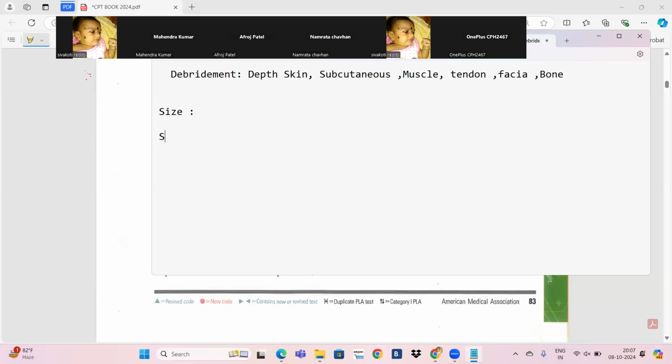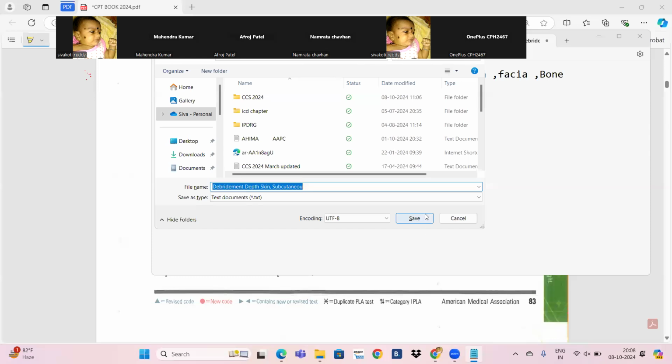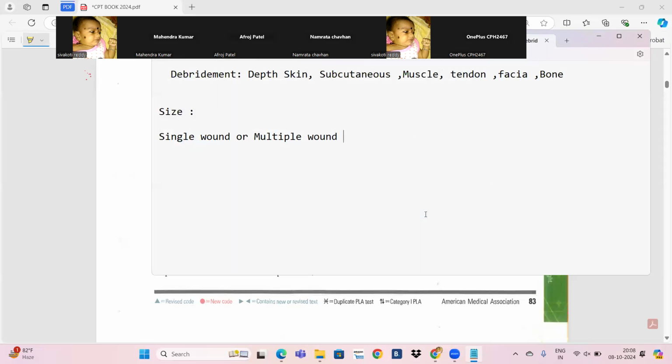Then single wound or multiple wound they performed debridement on the visit. First, remember, if they perform debridement on a single wound, you need to check the depth and size of the debridement.